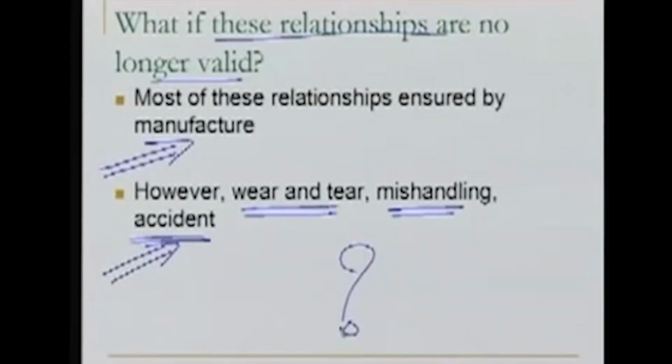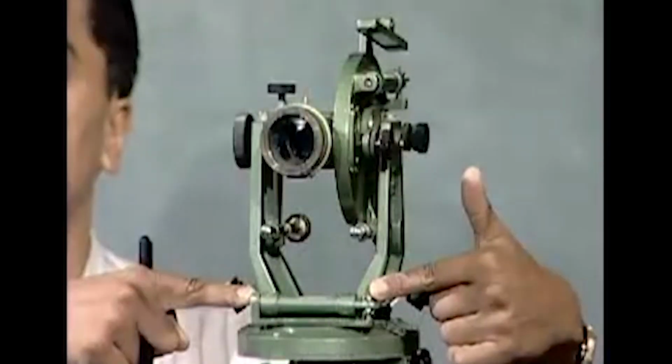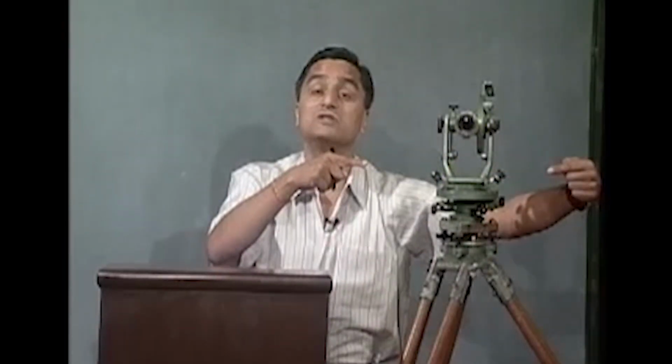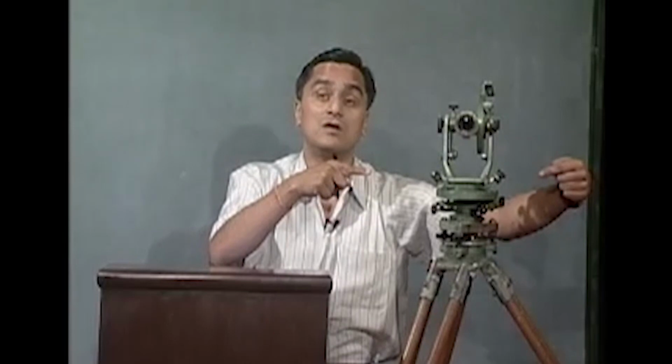Just a single thing: if the axis of the plate bubble tube is no longer perpendicular to the vertical axis, what will happen? I am making it level to the center, so my axis of the plate bubble tube is horizontal. My vertical axis is perpendicular to this, or let's say not perpendicular.